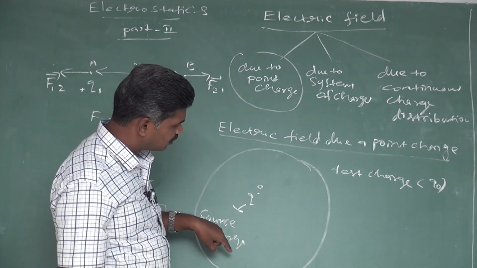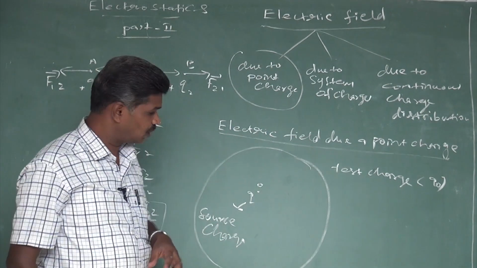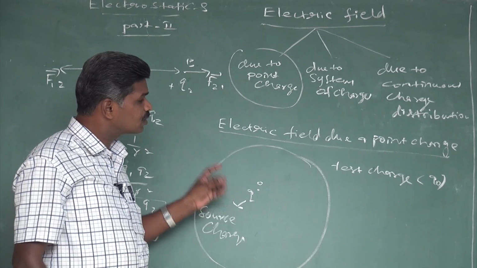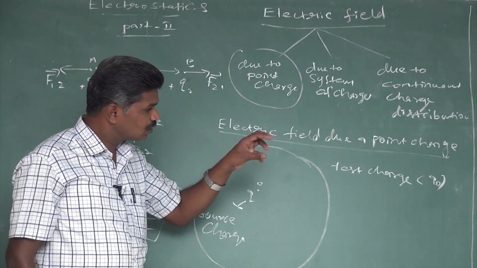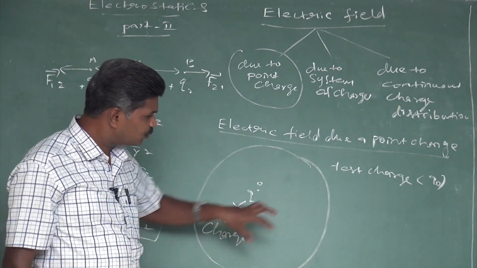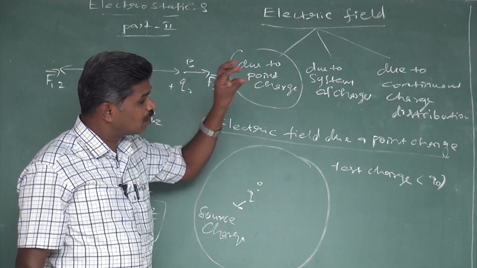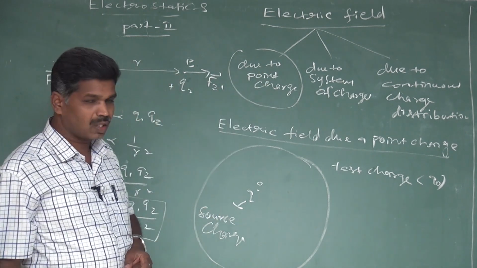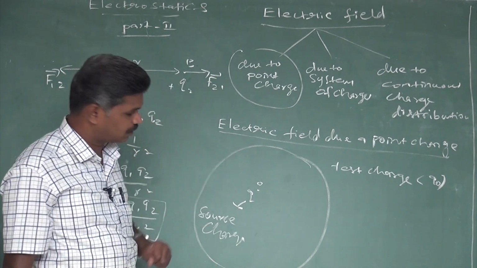Around that region, the Q naught charge can experience the force. Q exerts a force, but Q naught experiences a force. The region around our charge up to which it exerts a force on that test charge is the region of its influence.